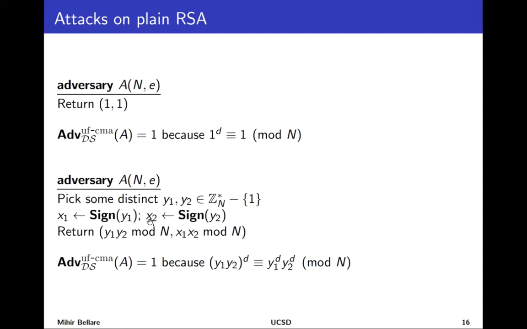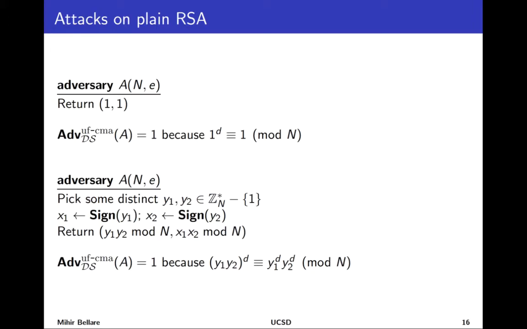So that gives rise to an attack. In the UFCMA game, I can pick any 2 distinct messages, let's say that are different from 1. Remember, I have access to a sign oracle. I can go to it and get back a signature of y1, call it x1, and a signature of y2, call it x2. Fine, now to win I have to create a forgery.